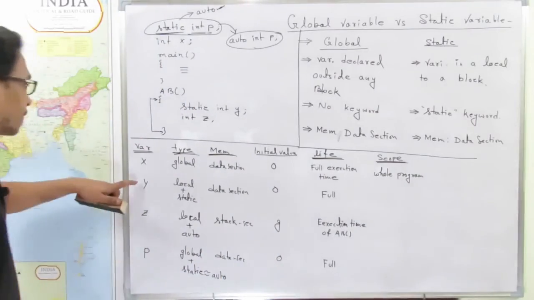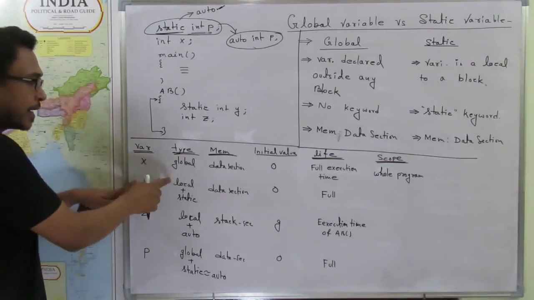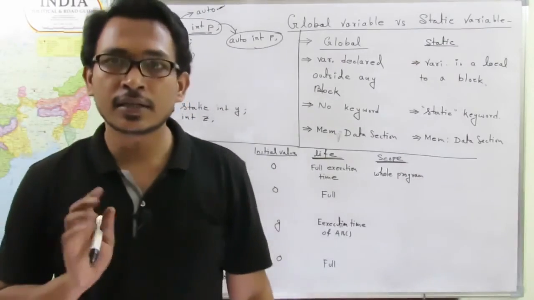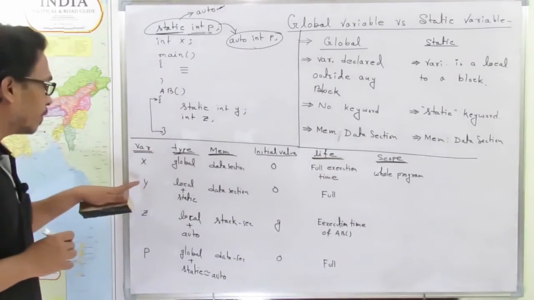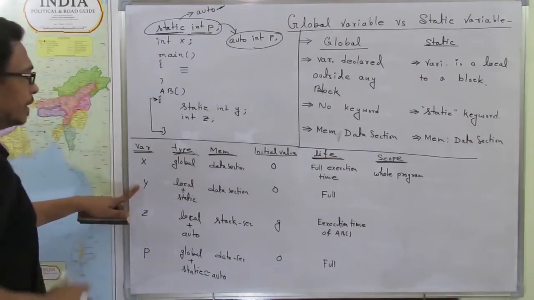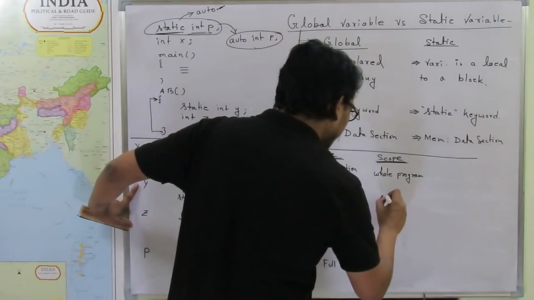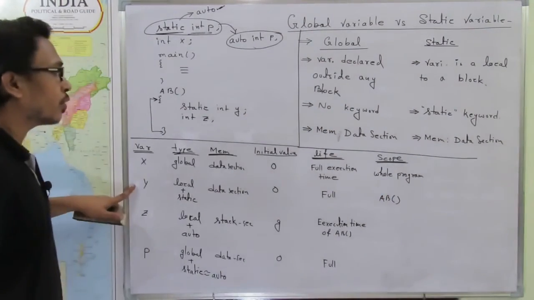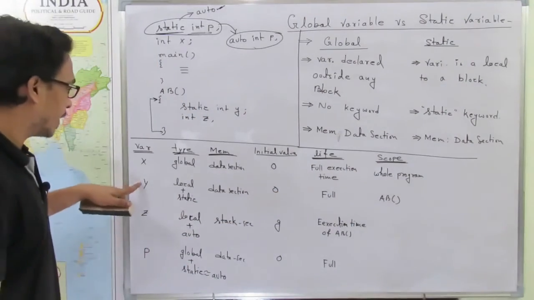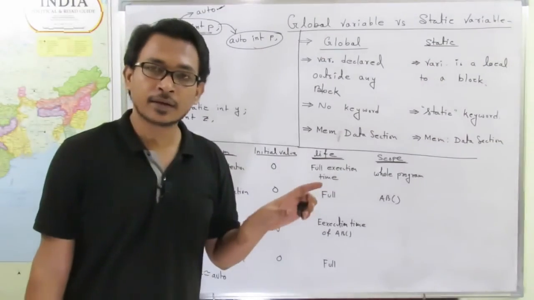Clear? Now this variable y, look, y is local. That means we can access it only inside the block in which it is declared. In which block is y declared? The variable y is declared in the block AB. So the scope is the AB function only. Only from inside the AB function can we access the variable y, even though the memory for y is allocated from the data section.